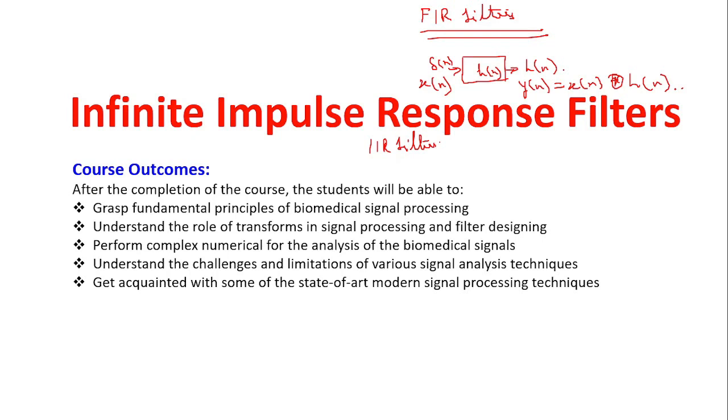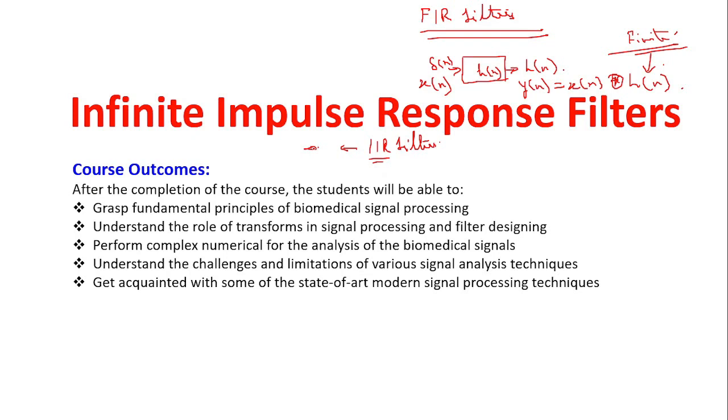Now, this impulse response, in the case of the FIR filter, we saw that it was finite in nature. However, in the case of IIR filters, on the contrary to the FIR filters, this impulse response would be infinite.